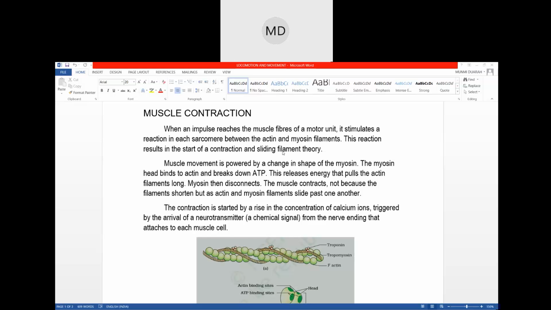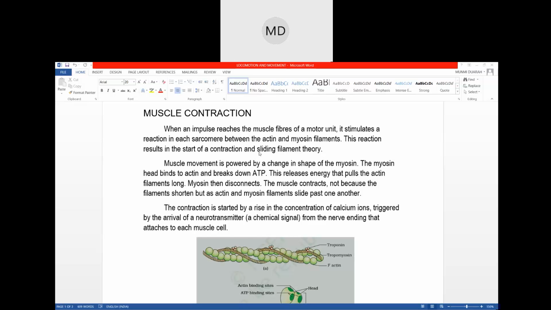Okay, and the process of muscle contraction, where the muscle contracts and then muscle movement takes place, is known as the sliding filament theory. If you are asked what is sliding filament theory, for like 1 mark, you can write this paragraph.